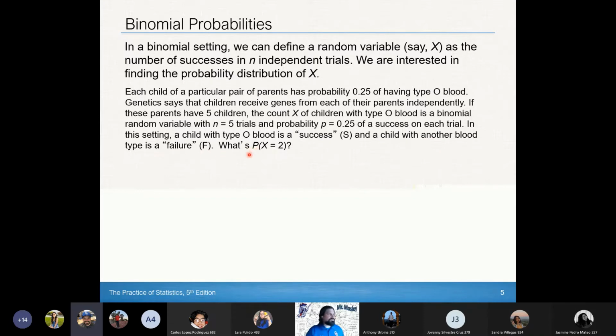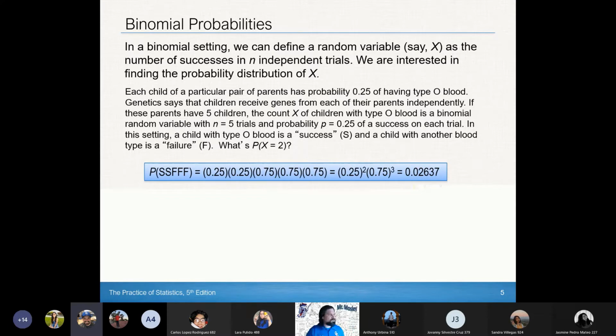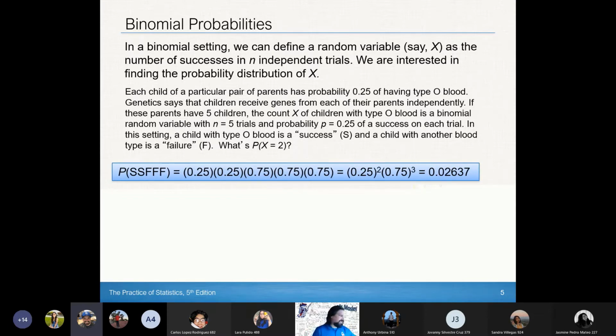What is the probability of x equaling 2? So what's the probability of the parents having exactly 2 children with type O blood? This fits into our binomial situation, so we can use the binomial distribution. We'll get into that momentarily. So here's one way of calculating this for a single possibility: the probability of the first 2 children having type O blood and then the next 3 not having type O blood.